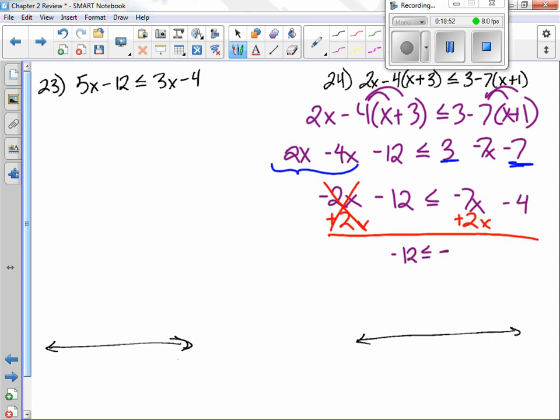And over here, negative 7x plus 2x would be negative 5x. Now we need to do it again because 5x is not by itself. I need to add 4 to both sides. Does that give me negative 5x? And I would have negative 8.